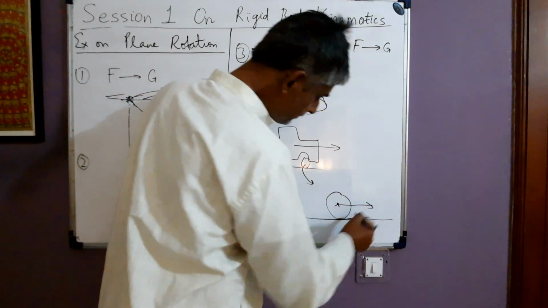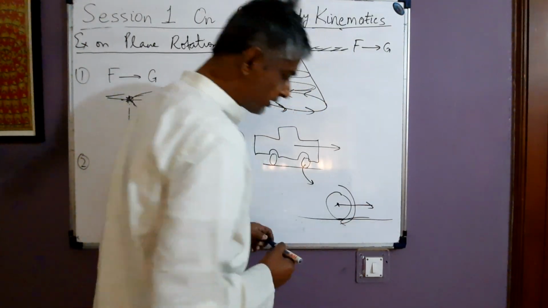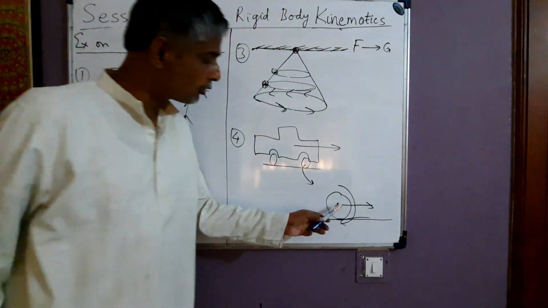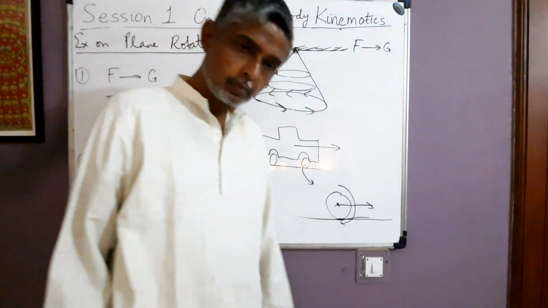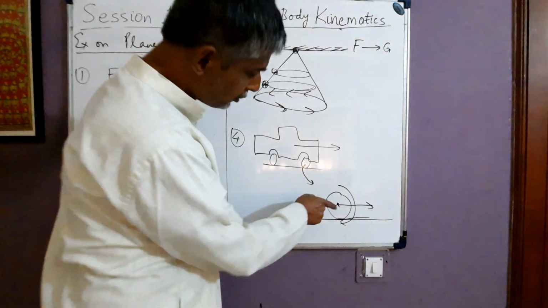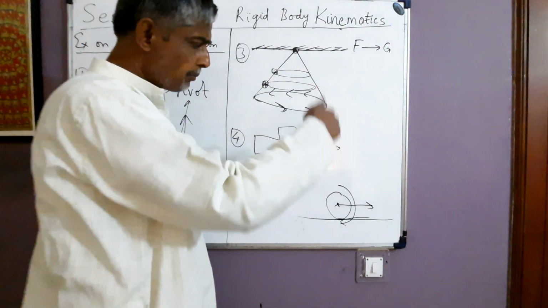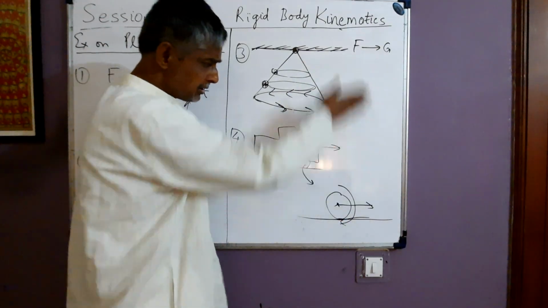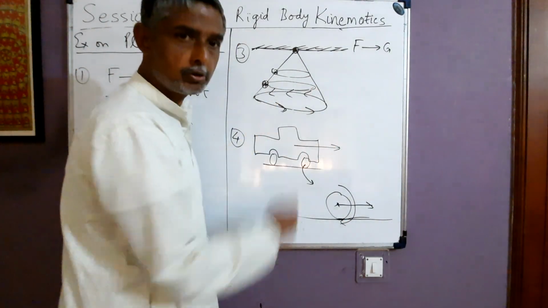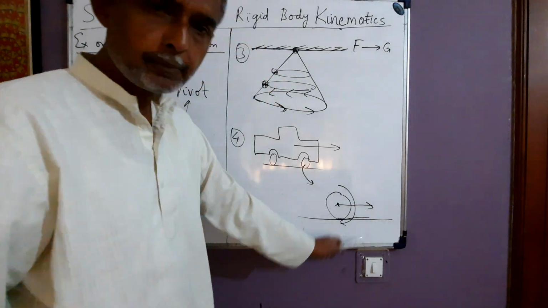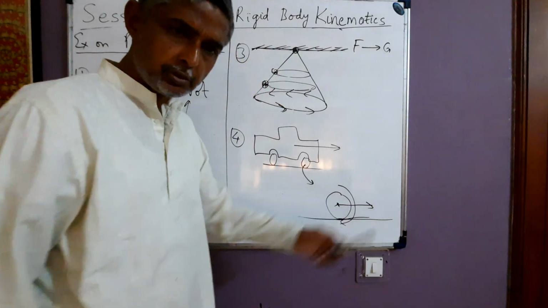This center moves ahead, and the wheel moves like this. So this wheel undergoes plane motion as seen from ground. Why? Because all the material points of it move in plane paths which are contained in vertical planes parallel to the plane of the board. So this wheel moving with respect to ground is an example of plane motion.